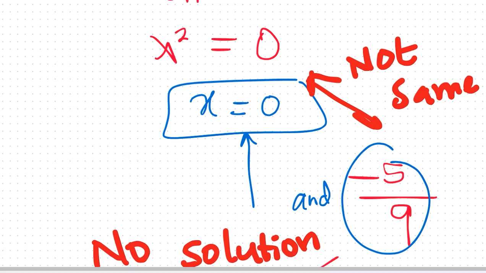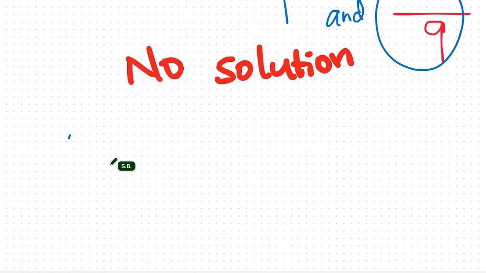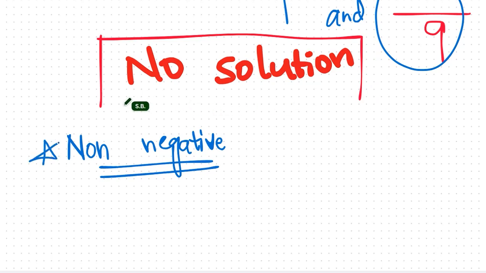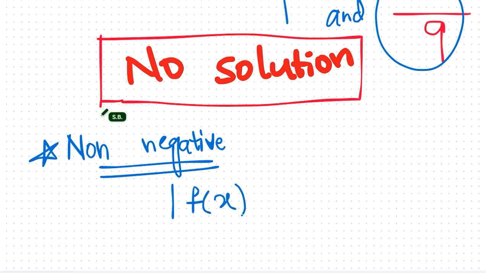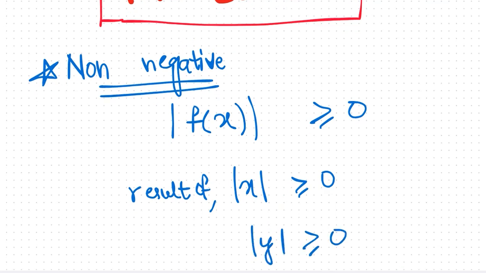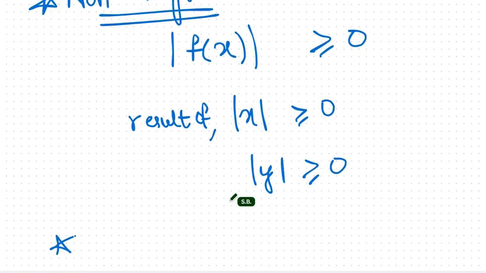Fine? Non-negative quantities. So I'll write it here. How to identify if the quantity is non-negative? Some examples are, let's say anything, absolute value of f of x. This will be non-negative, correct? Whatever you put, y, z, doesn't matter. It has to be non-negative, correct? Next is square of real quantities, or even powers.